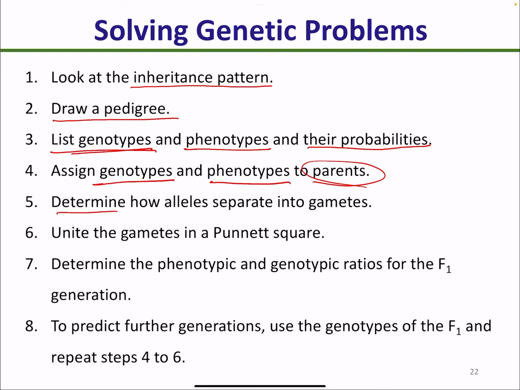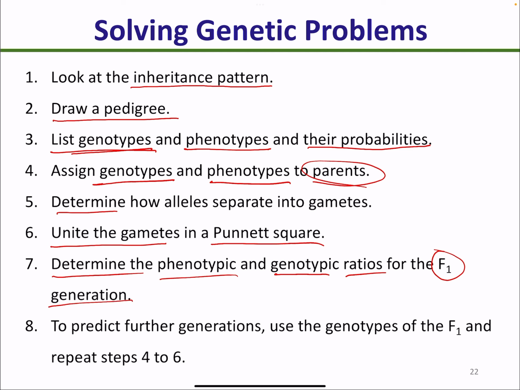And then we are going to unite the gametes, right? We're going to bring the sperm cell and the egg cell. We consider the alleles that the sperm cells and egg cells are carrying, right? We do that in a Punnett square, and then we are going to determine the phenotype and genotype ratios, right? And that is for the F1 generation.